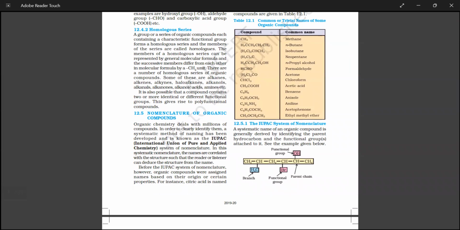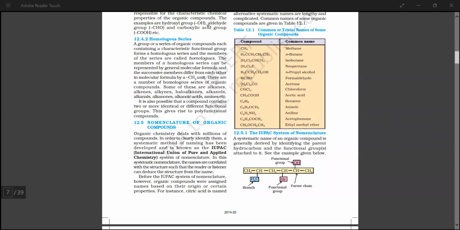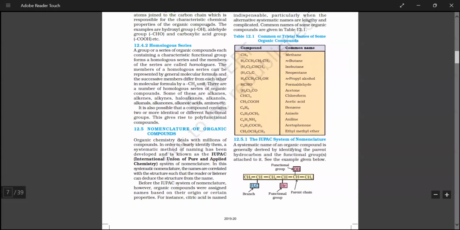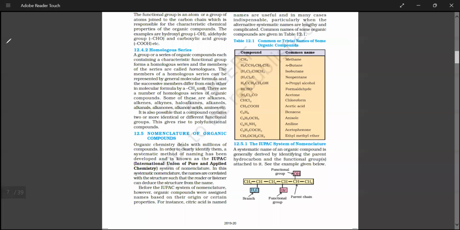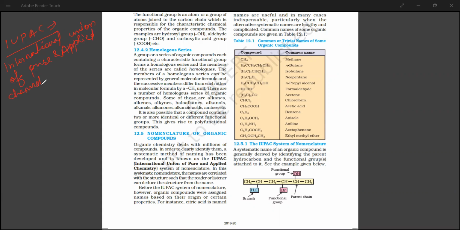For nomenclature, there is a union. That union is called IUPAC, International Union of Pure and Applied Chemistry.